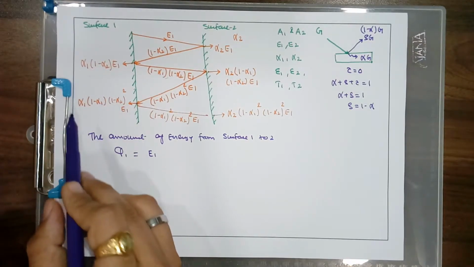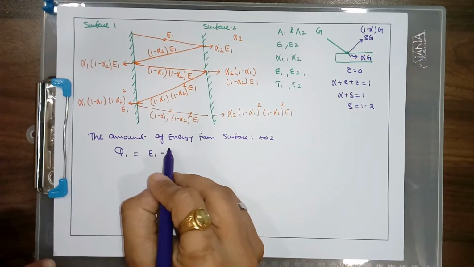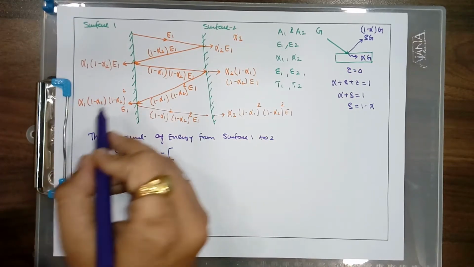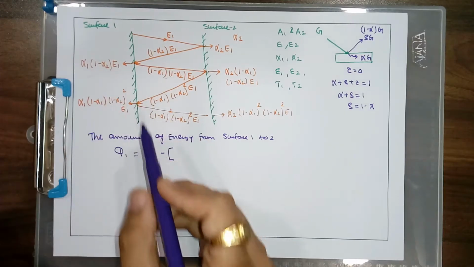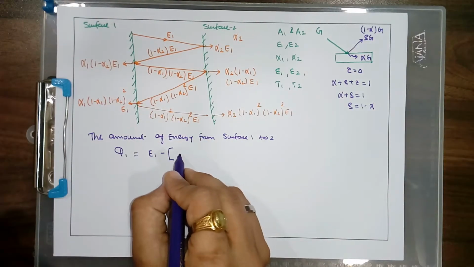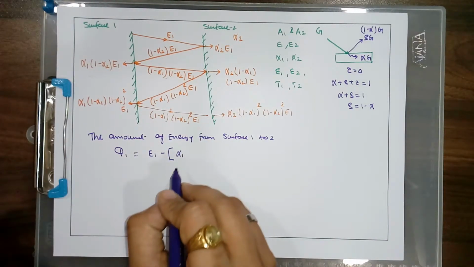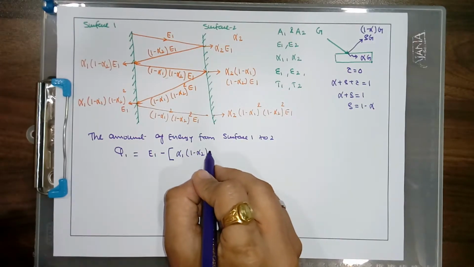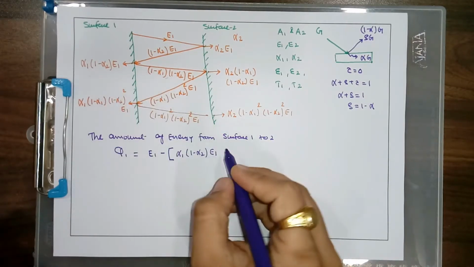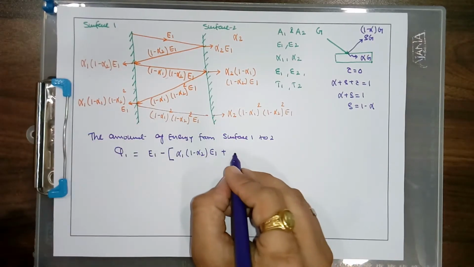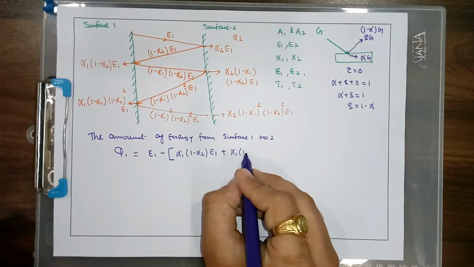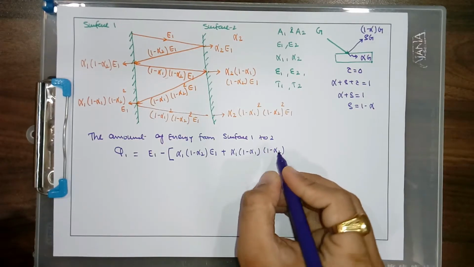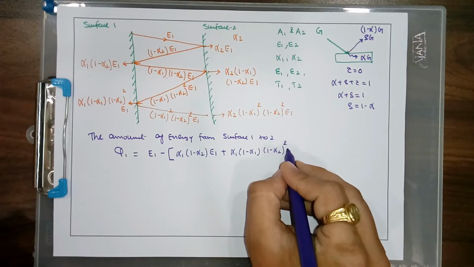The second time, we have to subtract the energy which was absorbed by surface 1 when it reflects back from surface 2. So the first time, it is alpha 1 (1 minus alpha 2) E1 that is absorbed. The second time, it is alpha 1 (1 minus alpha 1)(1 minus alpha 2) squared times E1.